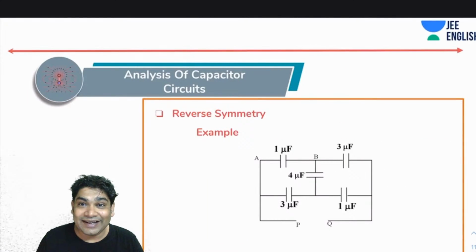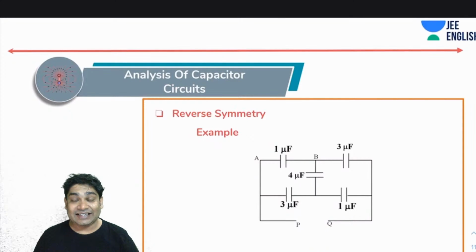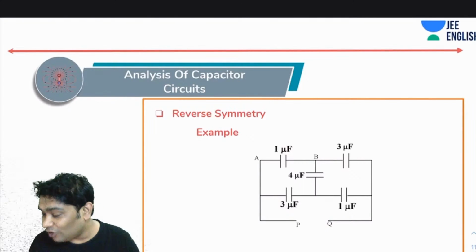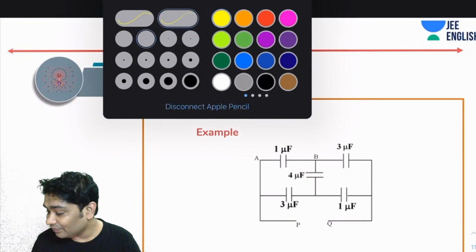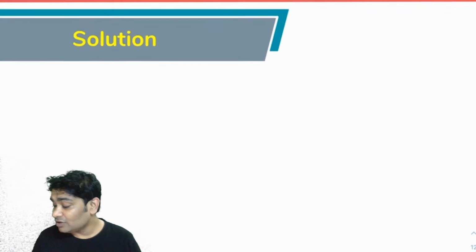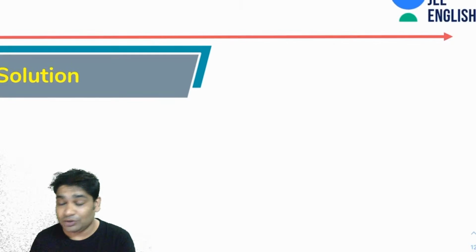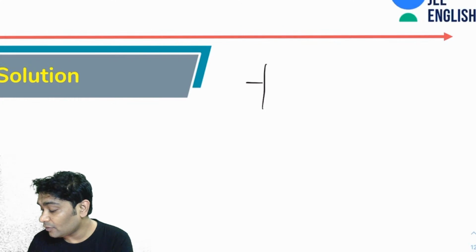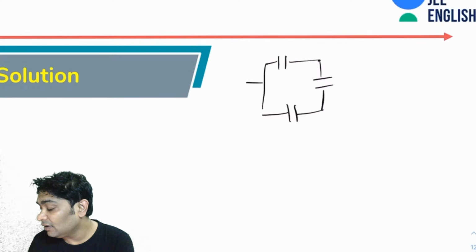So why don't we take an example and solve this circuit? Let's try and find the equivalent capacitance of this very circuit. So let's redraw the circuit. You have 1 microfarad here, then you have 4 microfarad here, then 3, and then 3, and then 1.